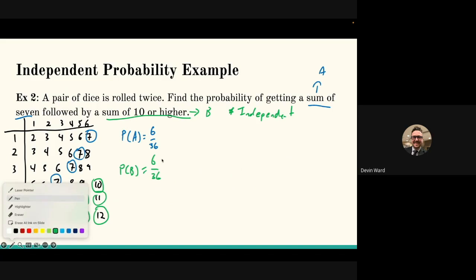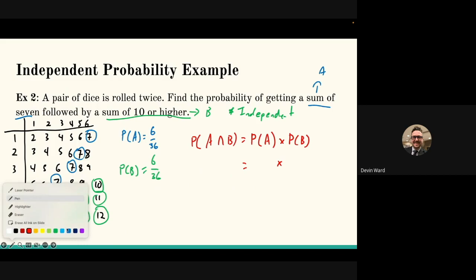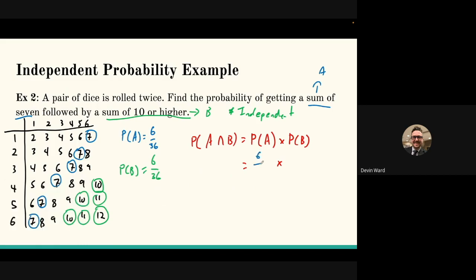Okay. So the probability of getting A and then B after it is going to be, because they're independent, the probability of A times the probability of B. So what we're going to do is multiply these two together. We're going to multiply 6 over 36 times 6 over 36.